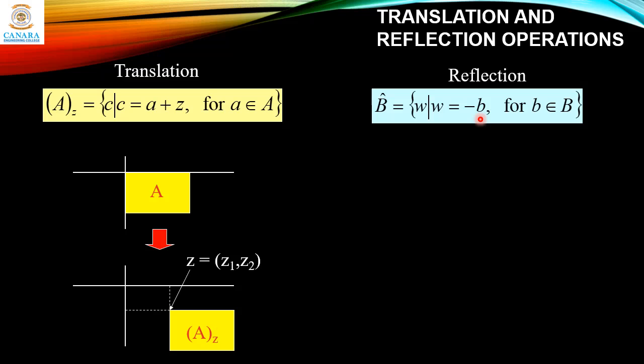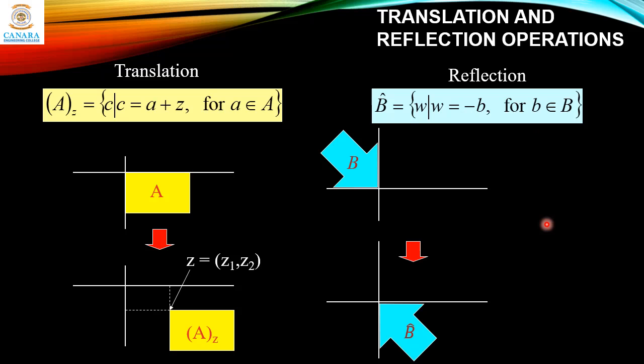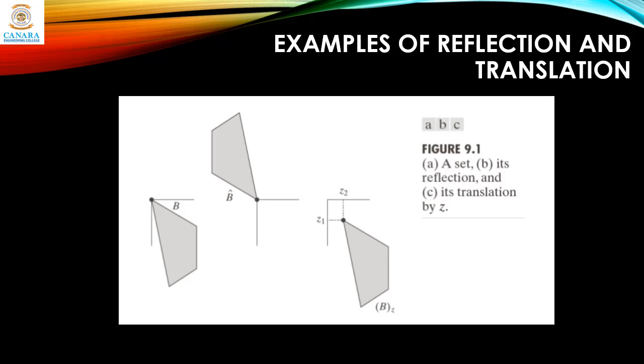And reflection is expressed as B cap equal to W, where W is equal to minus B for B belonging to set B. So this is our B, and when it is reflected along the x and y axis, we get this one. So this is what we mean by translation and reflection. Here is one more example of reflection and translation.